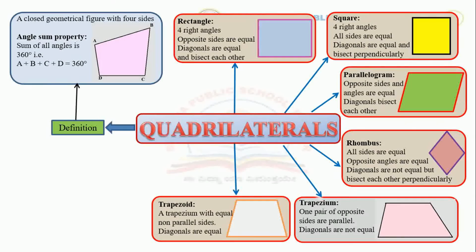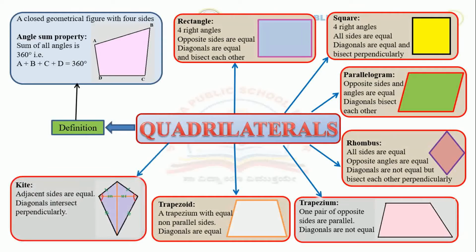A trapezium with equal non-parallel sides. The diagonals are equal in the trapezoid. And the last, a kite. Adjacent sides are equal. Diagonals intersect perpendicularly. They are not equal. So these are the different types of quadrilaterals.